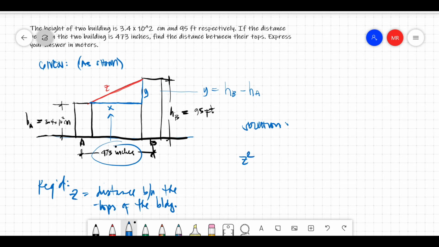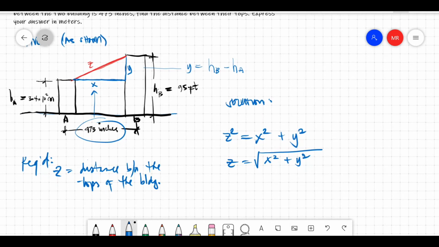So we will have Z squared is equal to X squared plus Y squared, therefore Z is the square root of X squared plus Y squared.